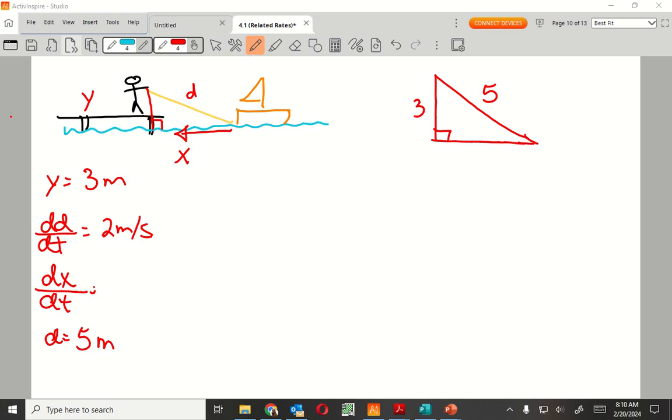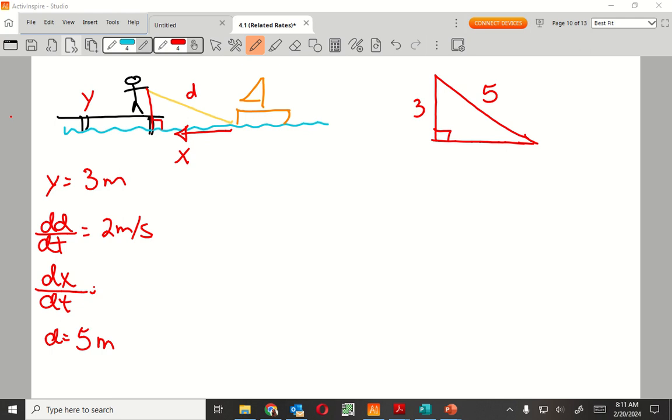Now, mental math. What's the X value going to be? Take a guess. She's saying 4. 3, 4, 5. It's a special right triangle. Another one, 5, 12, 13, is a special right triangle, and there are a couple of other ones.